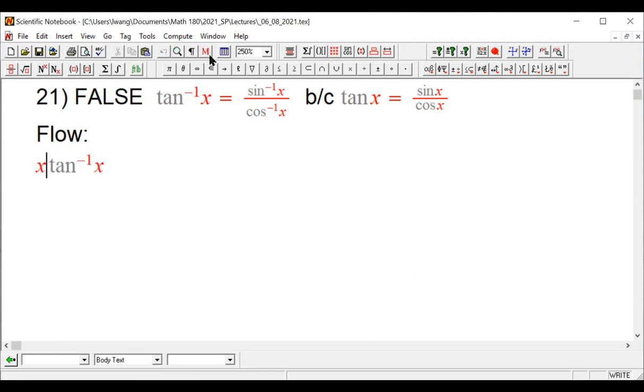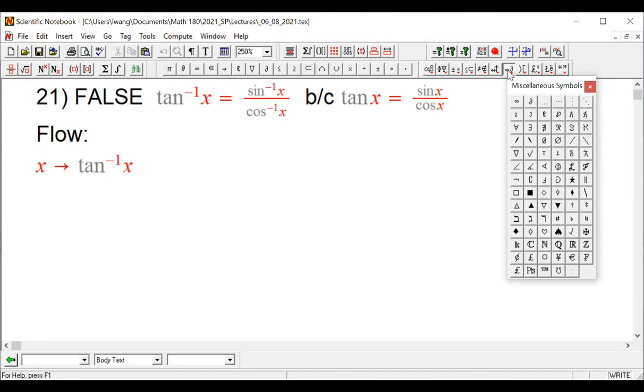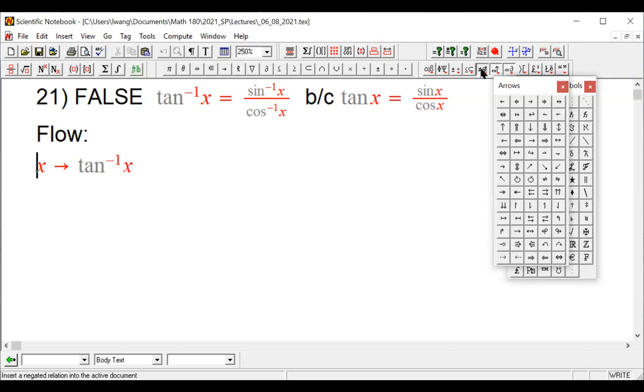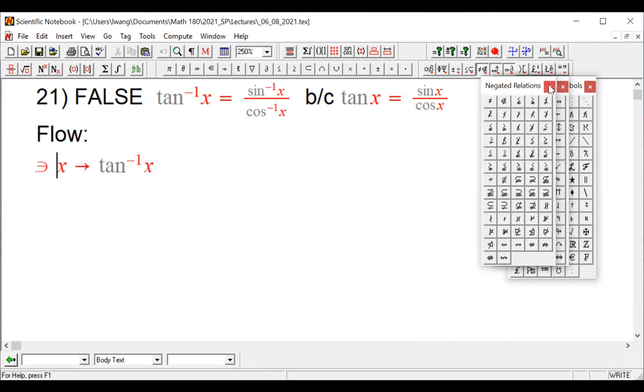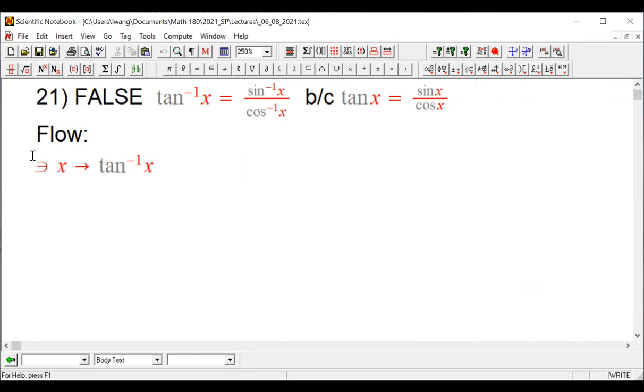X is the input. What kind of input is it? A ratio. X is a ratio, from negative infinity to positive infinity.